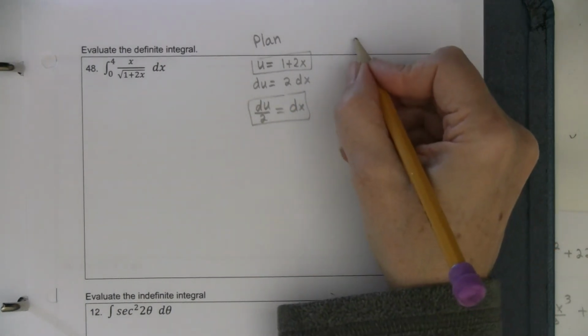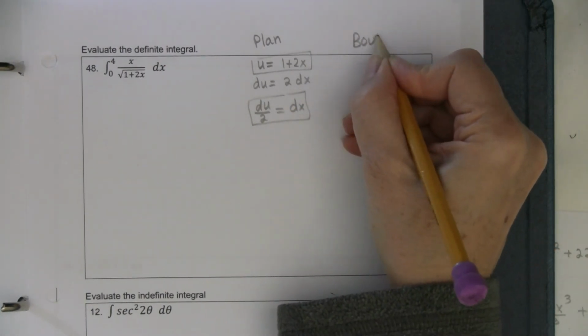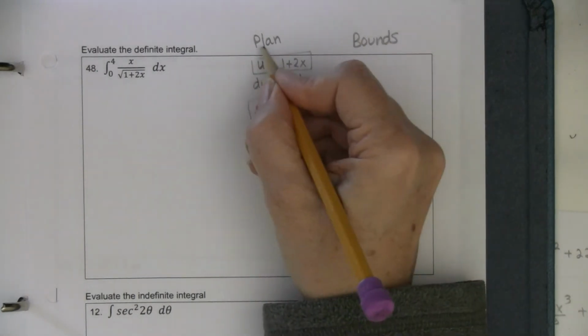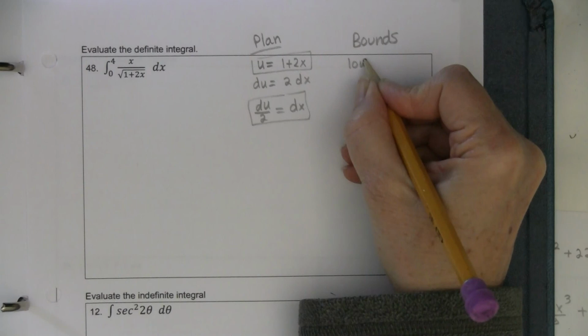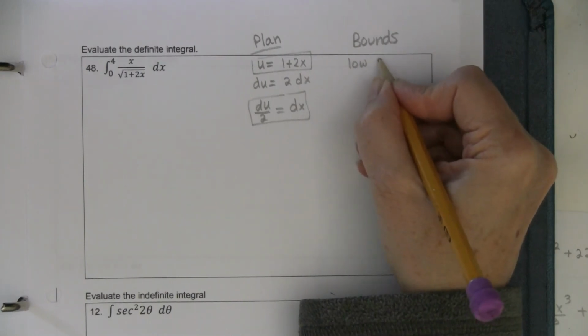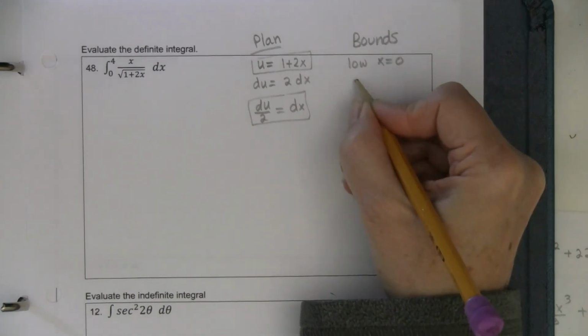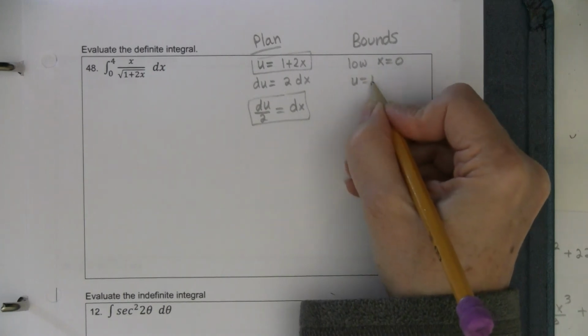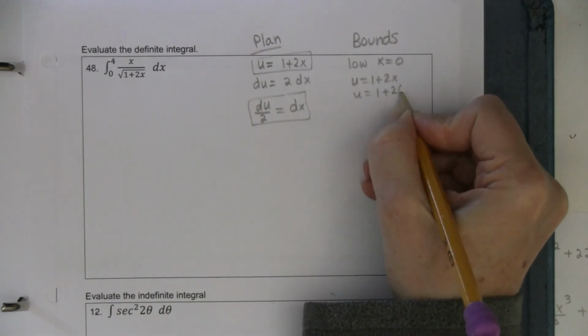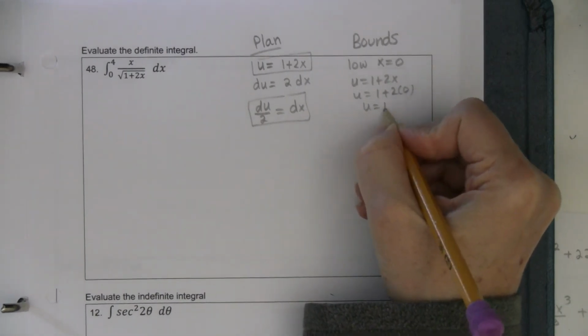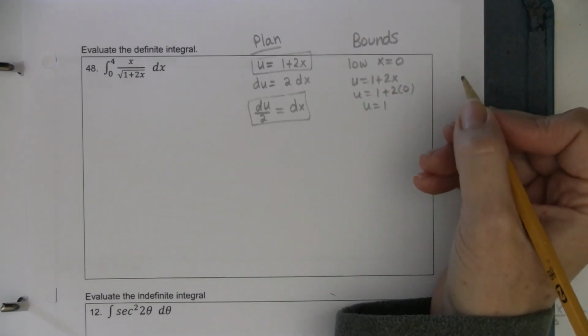So we also have to make a plan on our bounds. My low bound was x equals 0, and u equals 1 plus 2x, so u equals 1 plus 2 times 0, so u equals 1. So that's my new low bound, u equals 1.